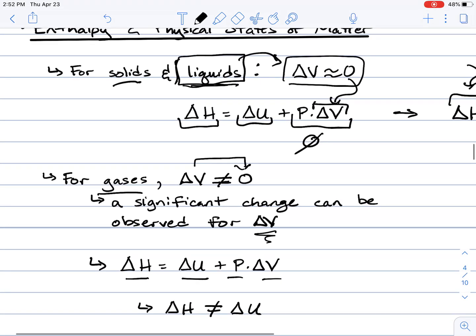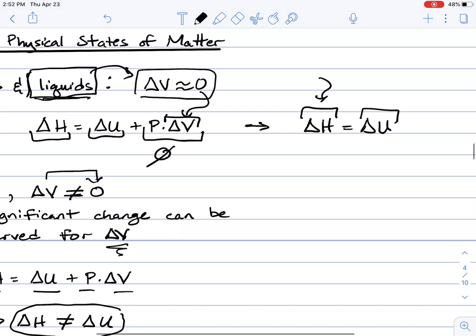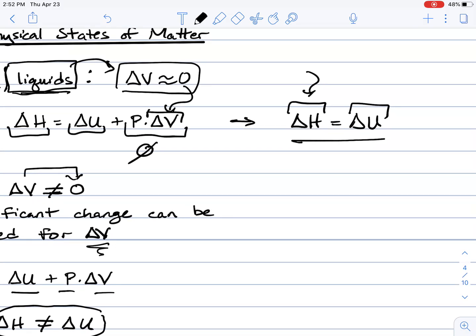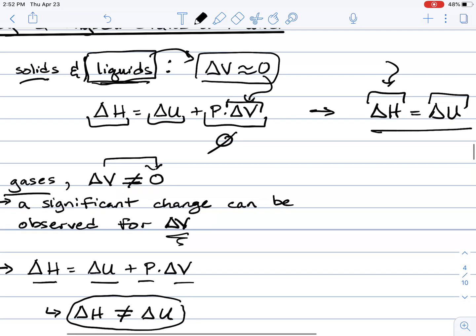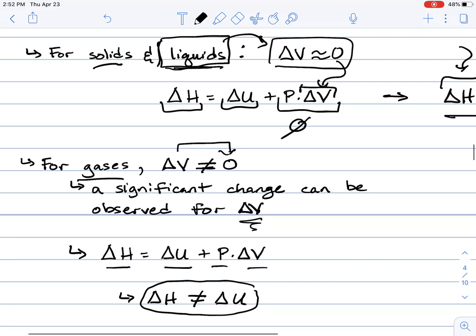So unlike solids and liquids, we can conclude that the change in enthalpy does not equal the change in internal energy. For solids and liquids, this is true, but for gases, this is not true.